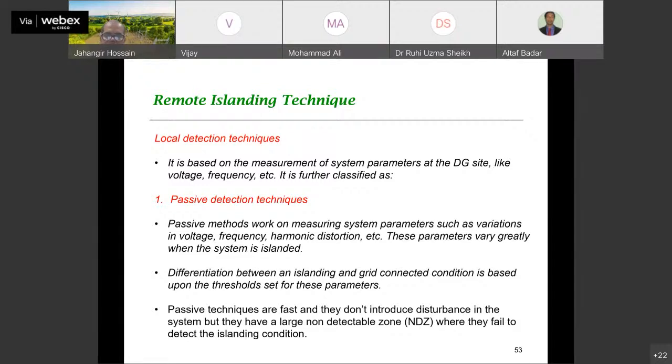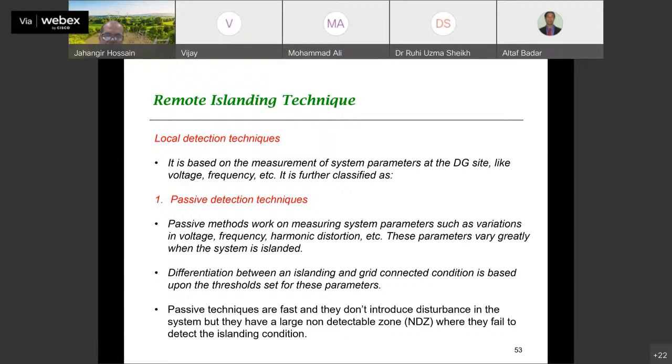The passive method works by measuring parameters such as variation in voltage, variation in frequency, and variation in harmonic distortion. When the microgrid is connected with the main grid, the variation that you will find would be very low. So you will have some threshold from your experience: when the system is connected, these are the maximum variations you can get due to changing load or some small internal disturbance. But if it goes beyond that threshold, then your system might be in an isolated condition.